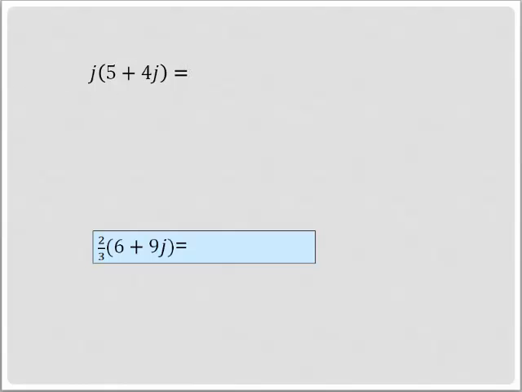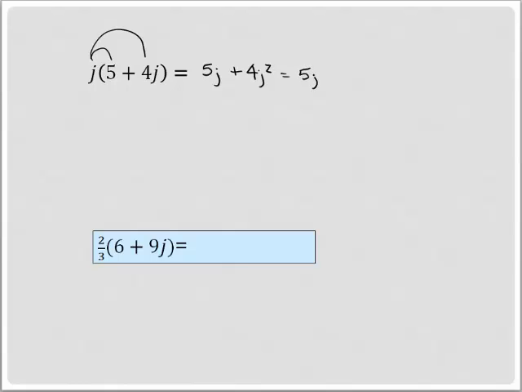All right. This is a monomial times a binomial. We know that we just, refresh your mind, distribute that inside. So what we have is 5j plus 4j squared. So we know that j squared equals, right, negative 1.